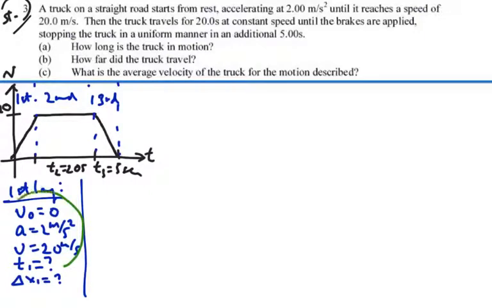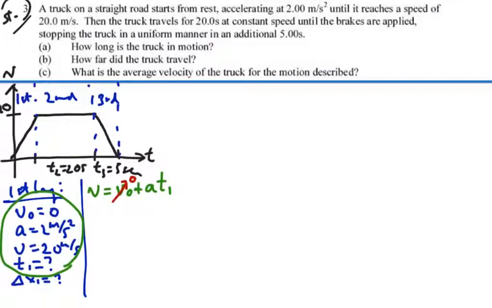We have 3 kinematic variables. And if we were looking for the 4th one, which is time, we would select those 4 variables there, and it looks like kinematic equation number 1. So final velocity equals initial velocity plus acceleration times time, t1 in this case. Our initial velocity is going to be 0 because we start from rest.